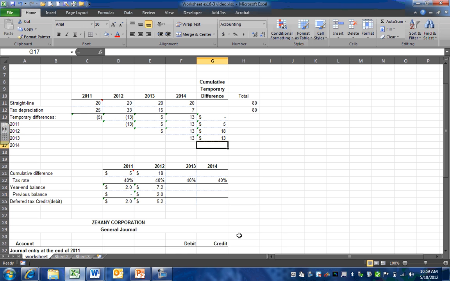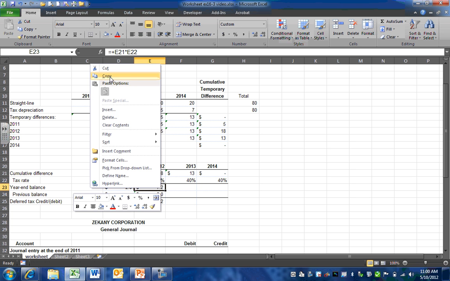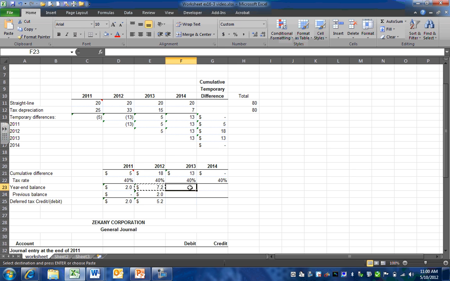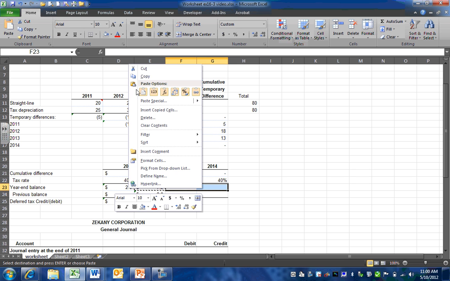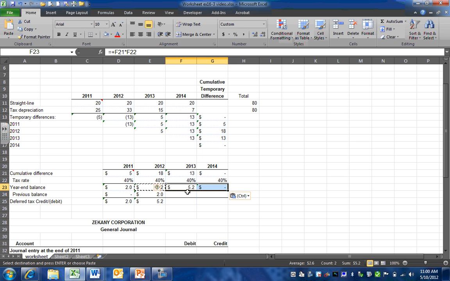And for 2014, we will have no temporary difference. So for our year-end balances, we can copy and paste our formula.